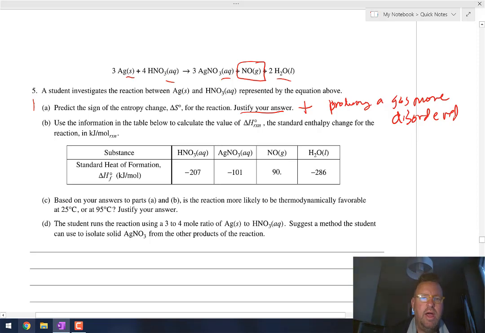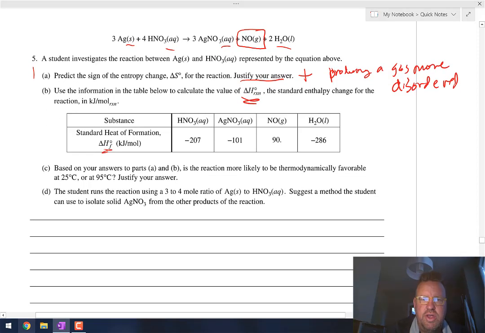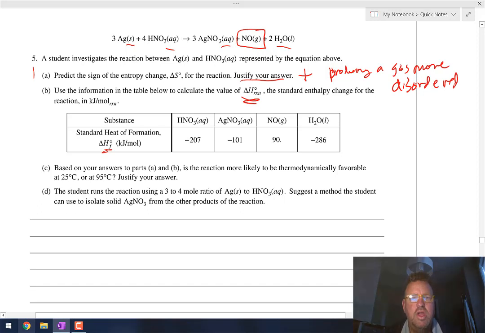Part B, calculate the enthalpy change for the reaction using enthalpies of formation. So here is where we use the enthalpy of formation of the products minus the enthalpy of formation of the reactants. And remember, the enthalpy of formation is forming something from its elements. So if something is in its elemental form, it has an enthalpy of formation of 0.